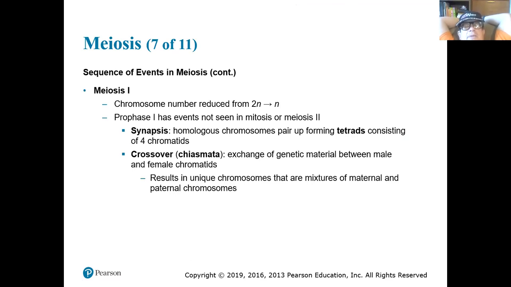You're lining up in tetrads, groups of 4 chromatids, which is a fancy way of saying double chromosome lines up with the homologous double chromosome. We now have 4 chromatids, which forms 1 tetrad. Okay.